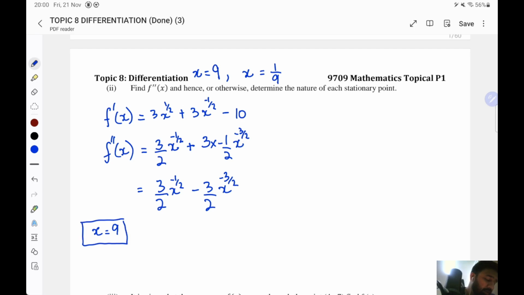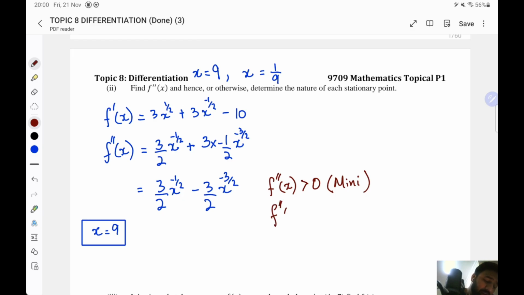Let me reinforce the concept over here: if you substitute the value of the stationary point in the second derivative, and the value gives an answer greater than 0, it means that the stationary point is the minimum value of the graph.